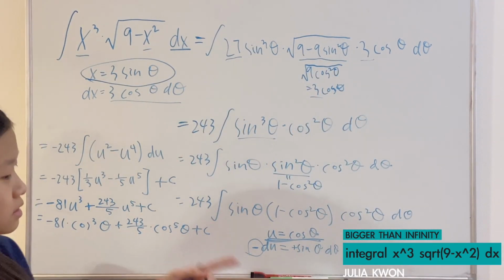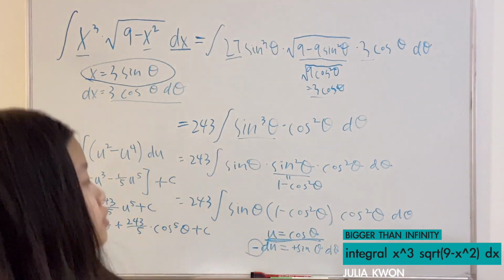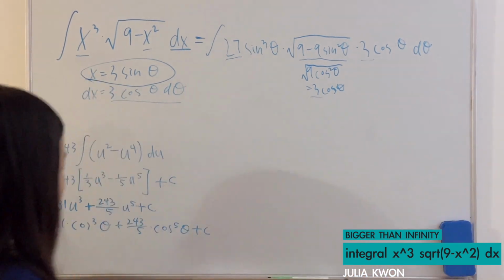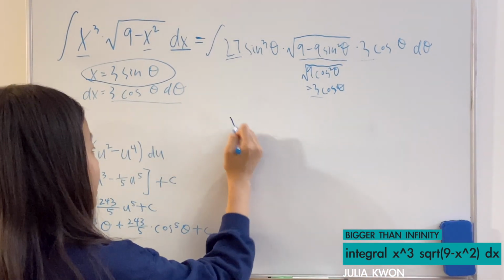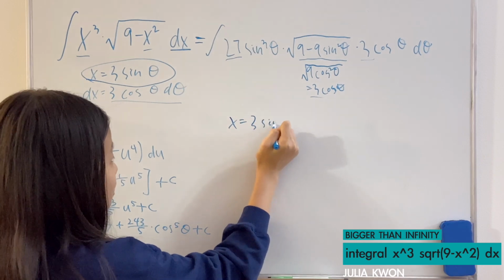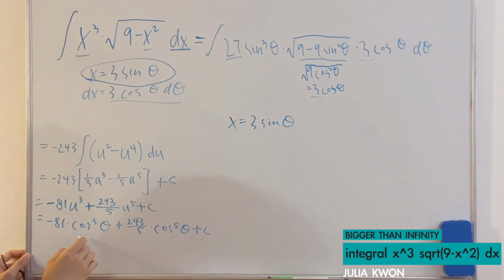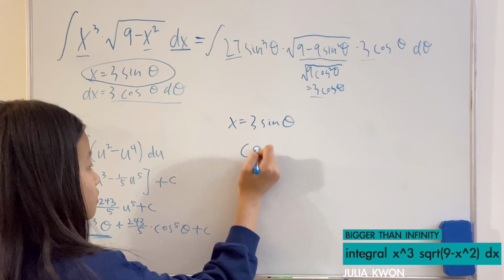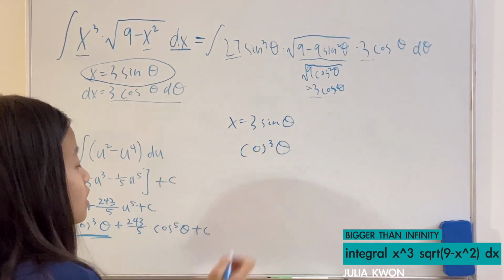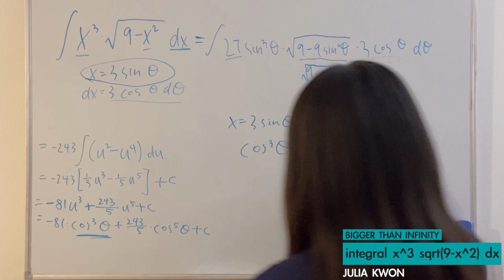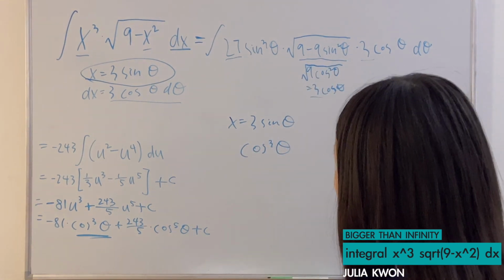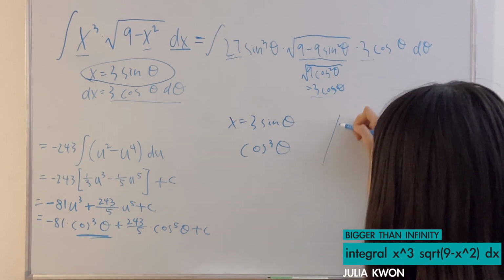I'm going to erase this part so that we would have more room to write on. If we have x equal to 3 times sine theta, I'm going to focus on changing the cosine cubed theta so that we would have it in terms of x first. Using x equals 3 times sine theta, we can create a right triangle with it.